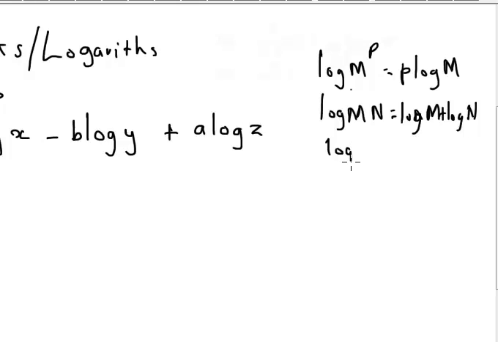You have log of m over n equals log of m minus log of n. Listen guys, when you're doing an exercise, I'm not necessarily saying you must write as I'm writing. I'm just writing because sometimes if I say it by word of mouth, you might not see what I'm talking about.